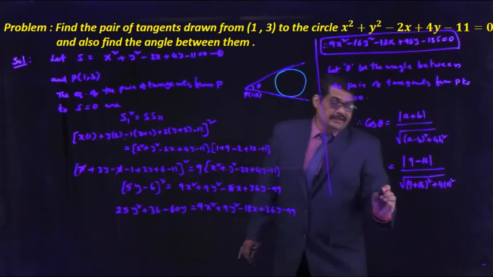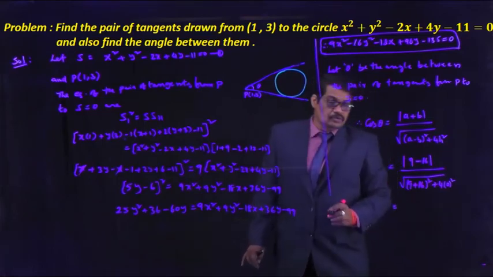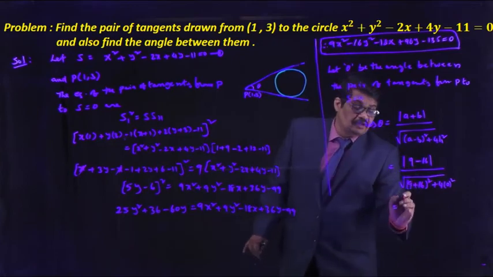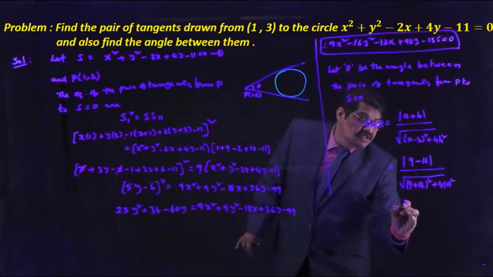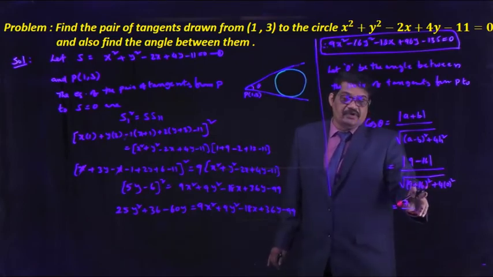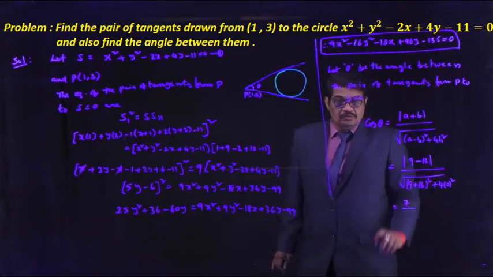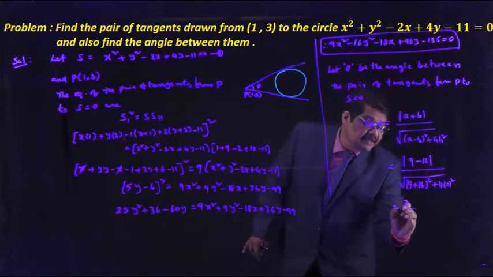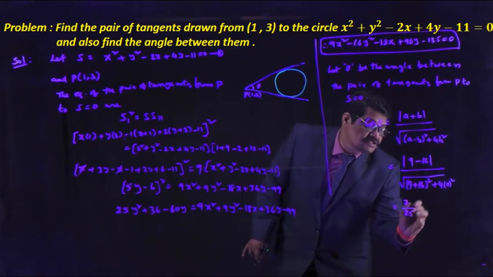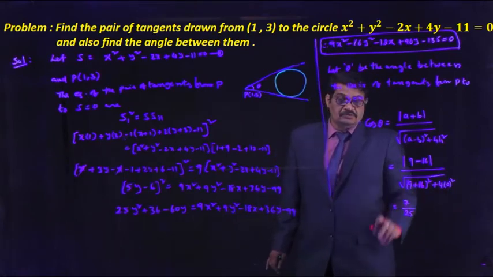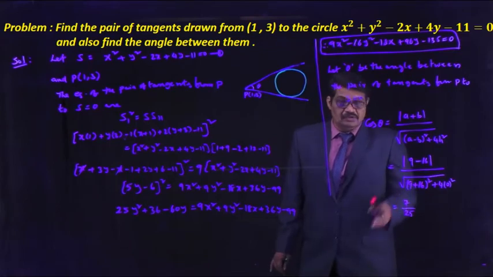From that we are getting 9 minus 16, that is minus 7, taking the modulus, that is 7, by 9 plus 16, that is 25 square, and root and square will be cancelled. We get 25. This is 4 into 0, 0. We get in the denominator root of 25 square, that is 25.